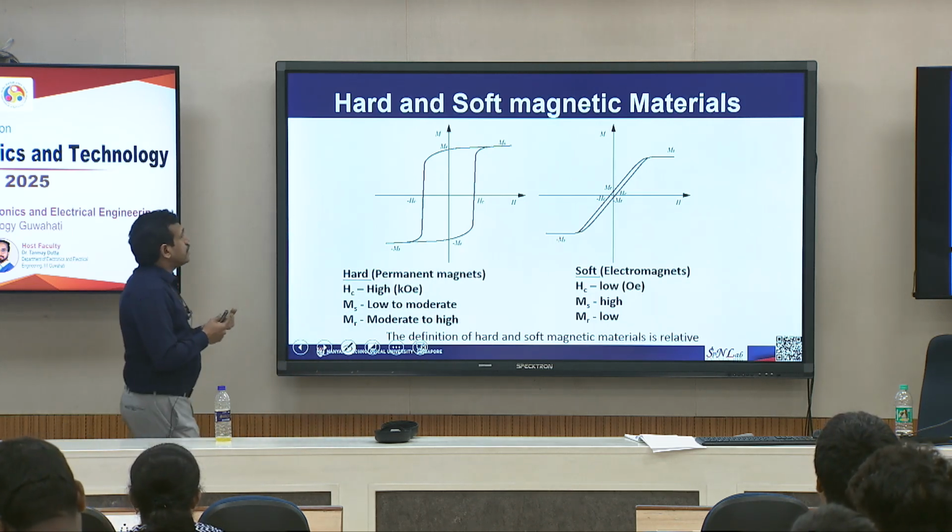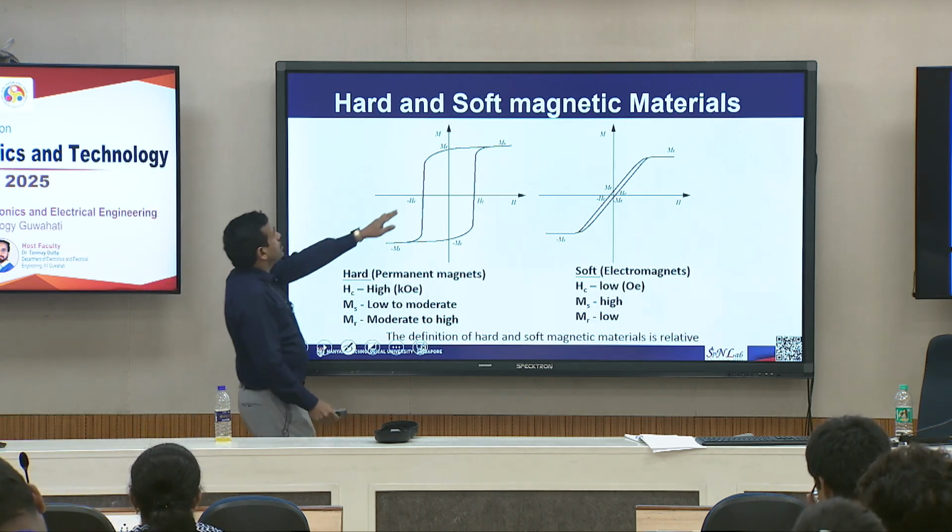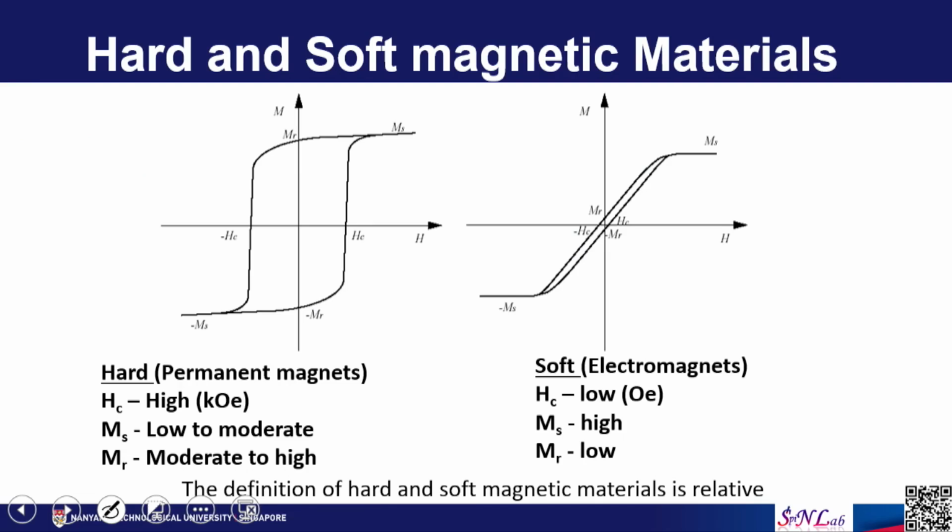So, we are looking at two properties. Firstly, the retention of the magnetization, because that is what determines the north and south poles, the permanence of the north and south poles. If you magnetize a paper clip, after some time its remanence will be very low. After some more time it may even come back to 0, that means it has lost its magnetic north and south poles.